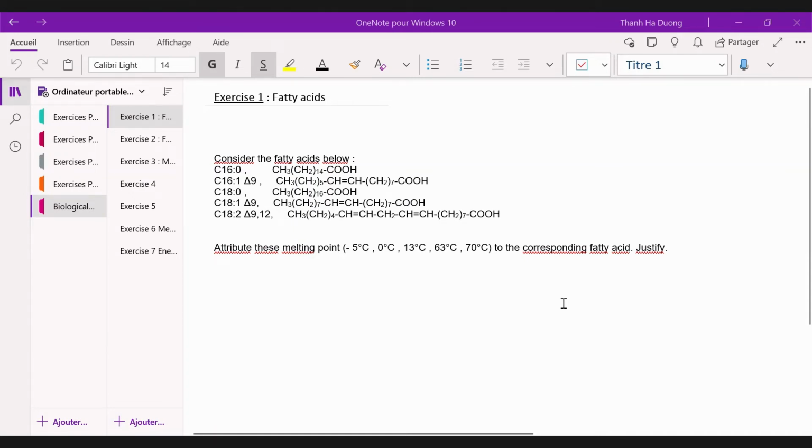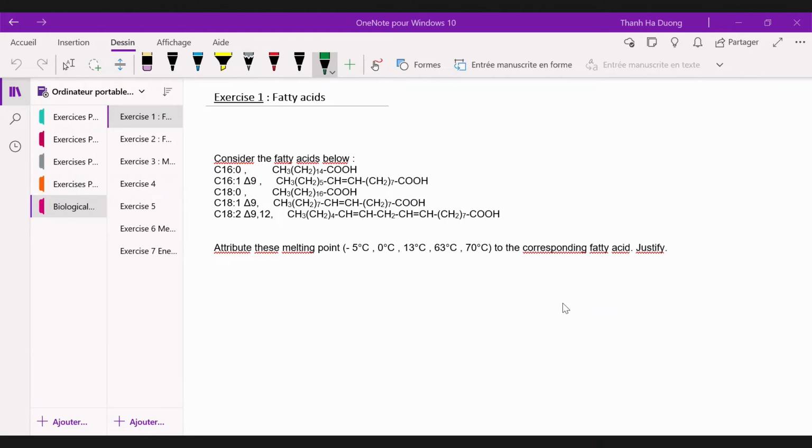So in the first exercise, consider the fatty acid below. So you remember that the first number corresponds to the number of carbons. So it means that in the first molecule you have 16 carbons, and the second number corresponds to the number of double bonds. Okay.